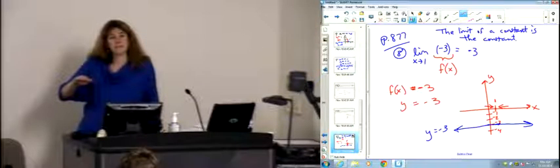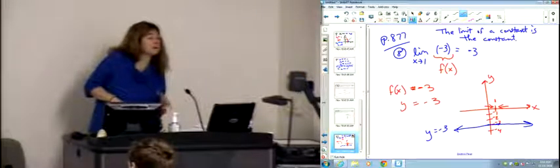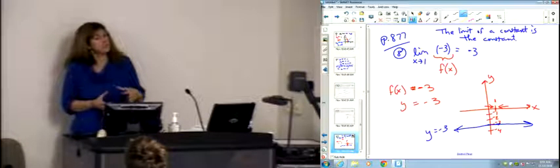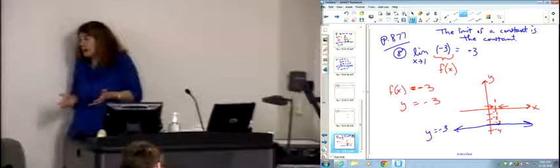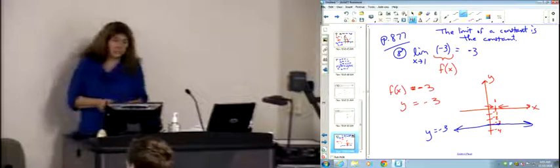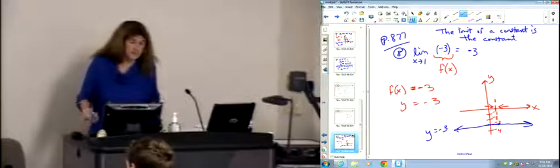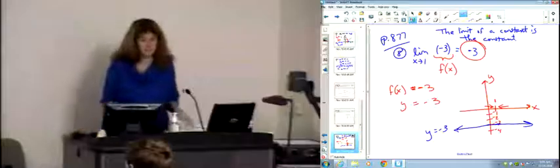They're staying at -3, right? They're staying at -3. So that's why we say the limit of any constant is just going to be that constant value, because it's not changing. The y's aren't changing here. So we don't draw that out every time, but I want to illustrate for you what's happening when we say the limit of a constant is that constant. Okay.